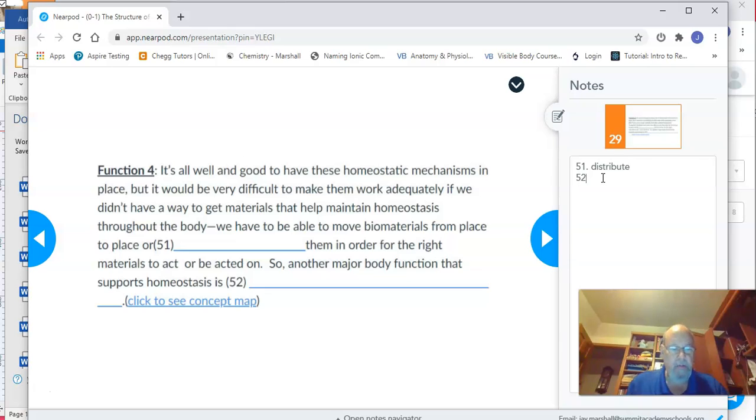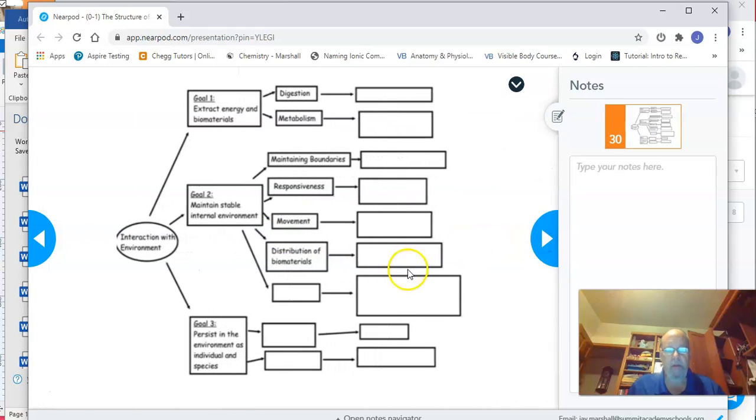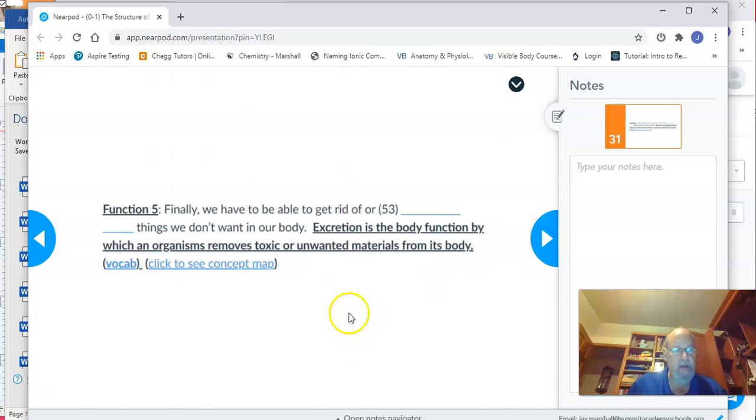The major body function that accomplishes this is distribution of biomaterials. And if I click on my map, there it is, distribution of biomaterials. Let's go to the next slide.